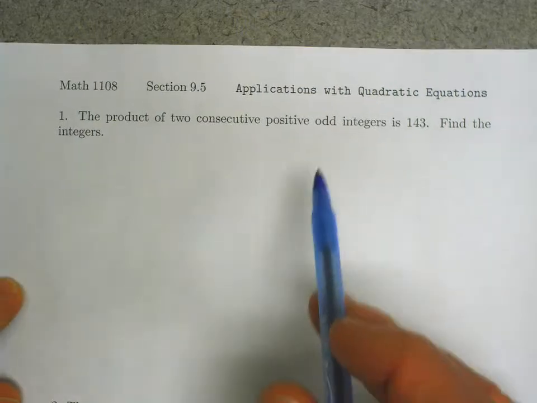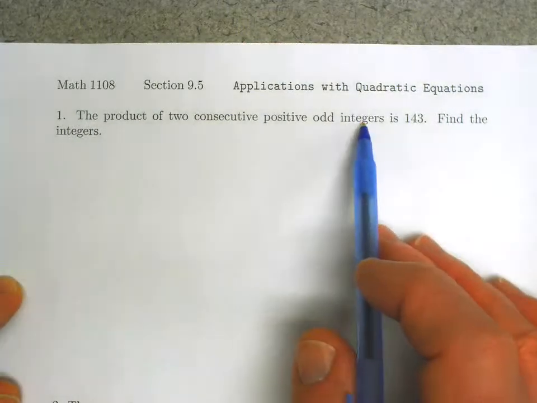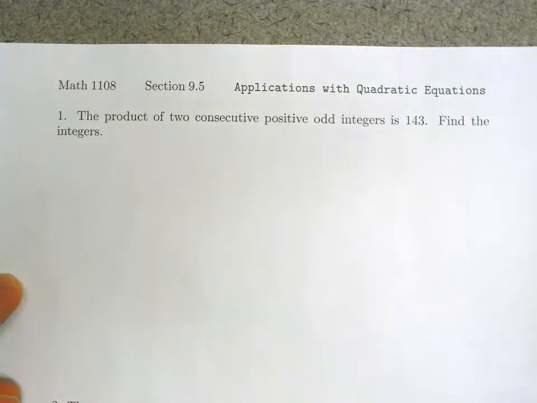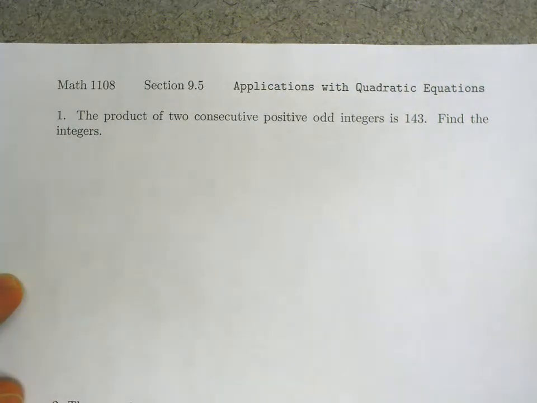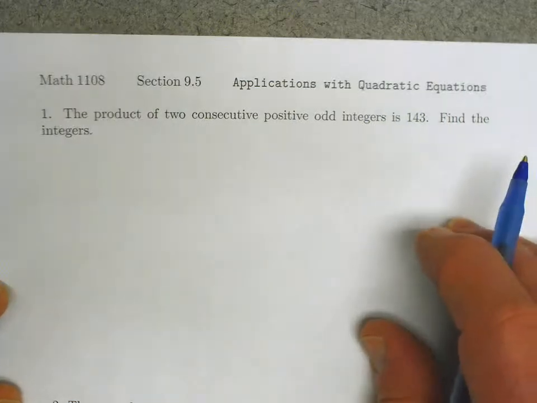Okay, consecutive odd integers differ by 2. For example, 7 and 9 are odd integers, and they're consecutive because the odd integer 9 comes right after the odd integer 7. So they differ by 2.